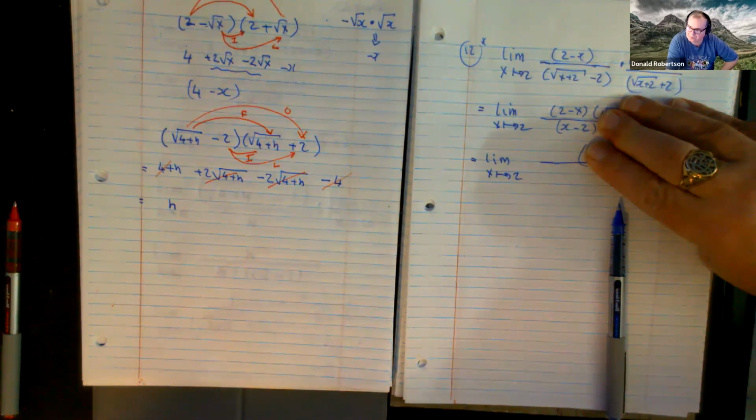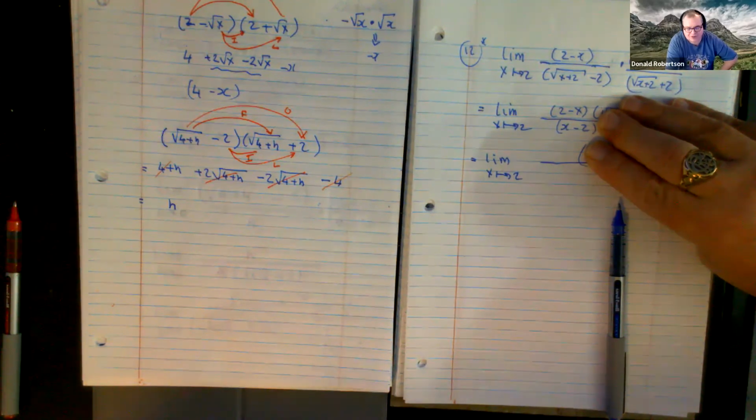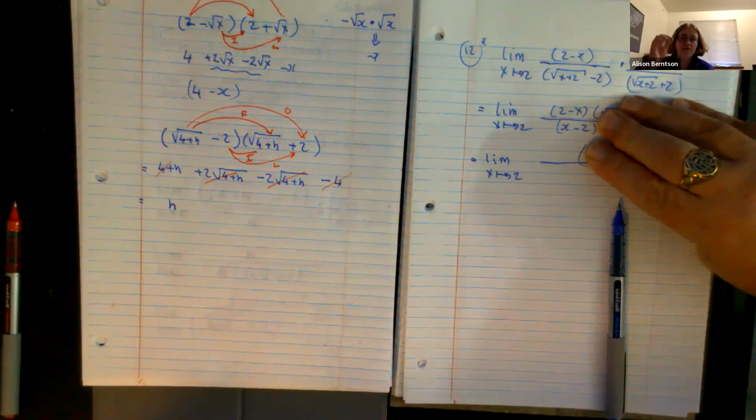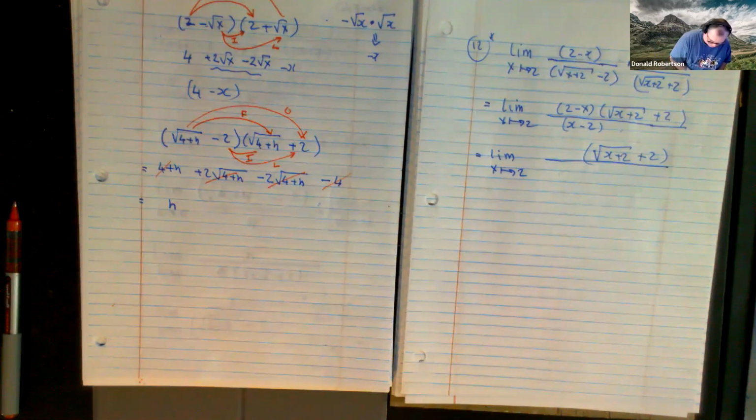You get negative 1. Can you remember 3 minus x cancelling x minus 3? You remember those weird cancelling things that you may have done earlier? So you get a negative 1.